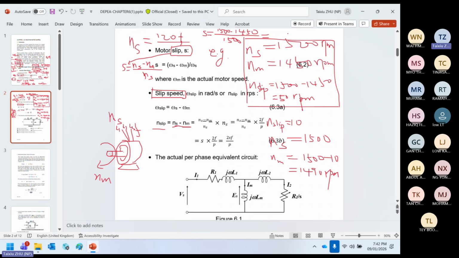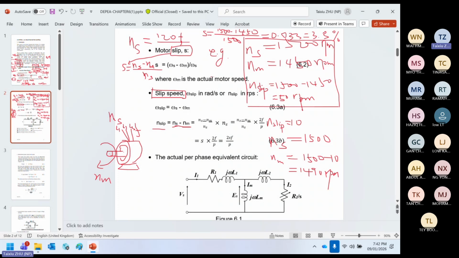Let me calculate the value: 1500 minus 1450 divided by 1500. Yeah, I got it. It's 0.033. So you can also use a percentage. Then you get 3.3%.